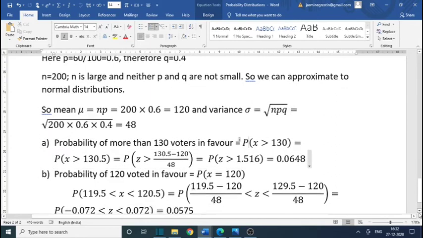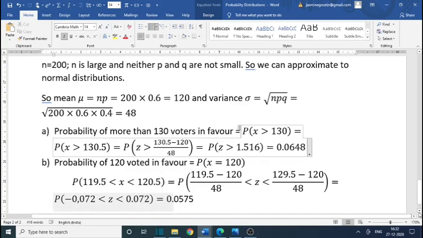Now probability of 120 voted in favor. So which is equal to probability of x equal to 120, which we can take in an interval 119.5 to 120.5.